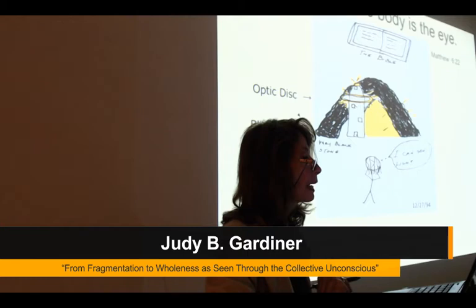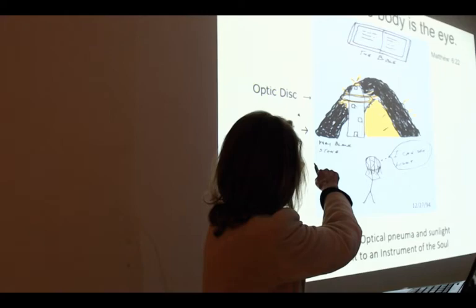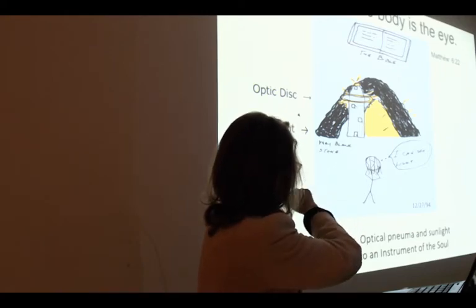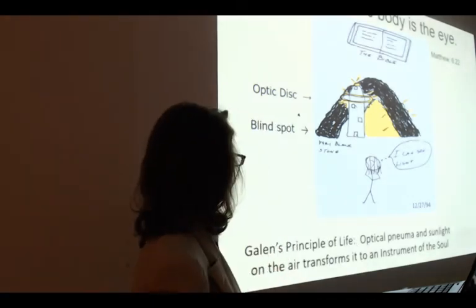And there's the blind spot. See, you see how there's yellow there, and then there's white, there's nothing? But the dreamer's saying, I can see light. So she's saying, I can see light, but it's not there.